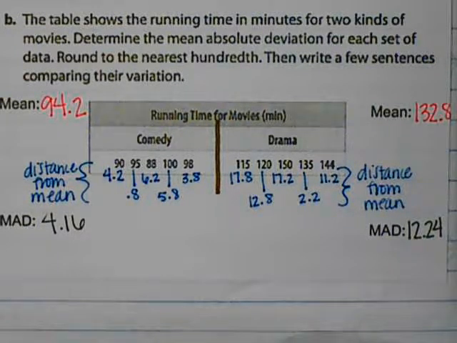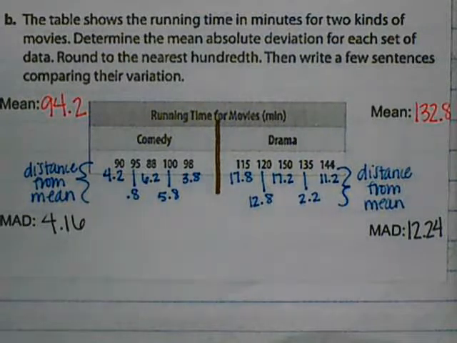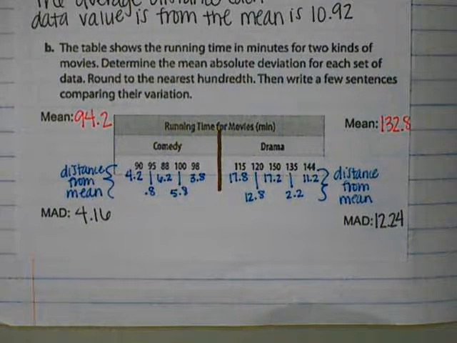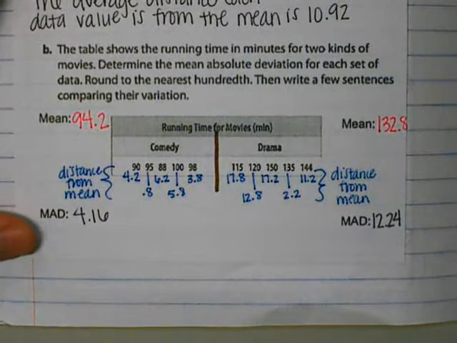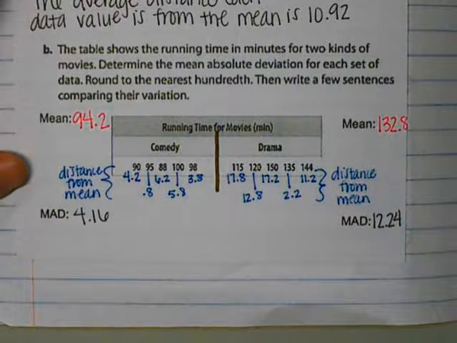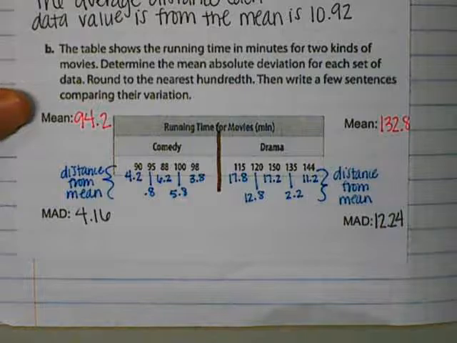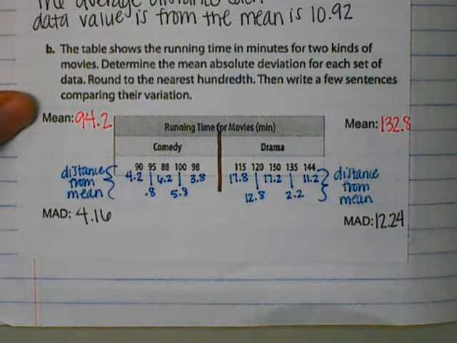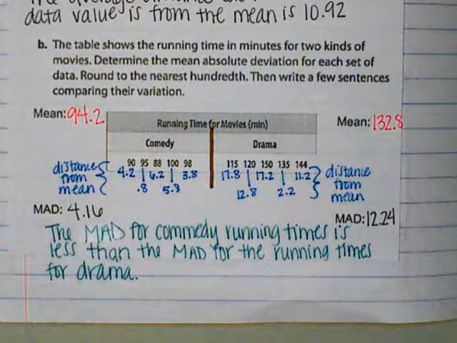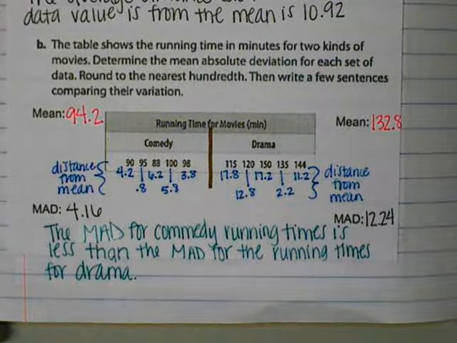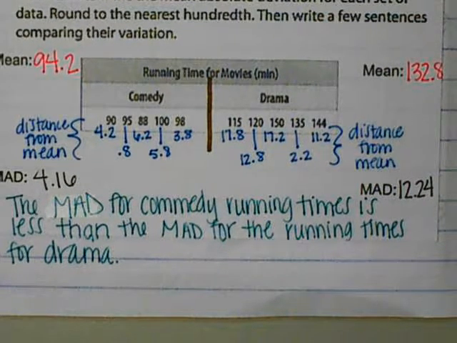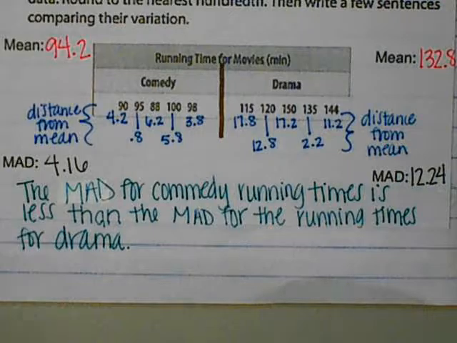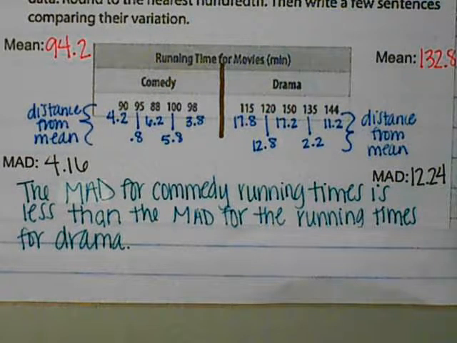It asks us to write a few sentences comparing the variation between comedies and drama. I'm going to make 2 separate statements. My first statement is the mean absolute deviation for comedy running times is less than the mean absolute deviation of the running times for drama.